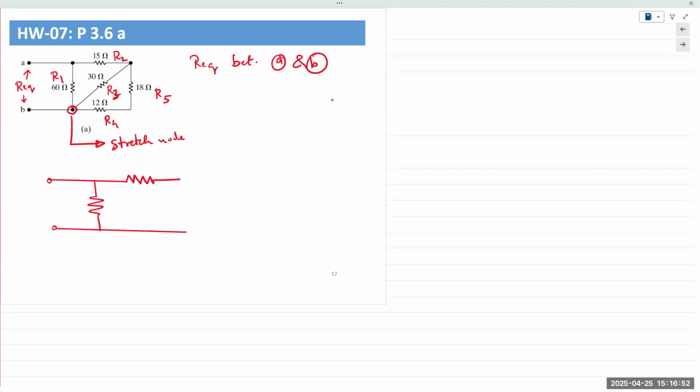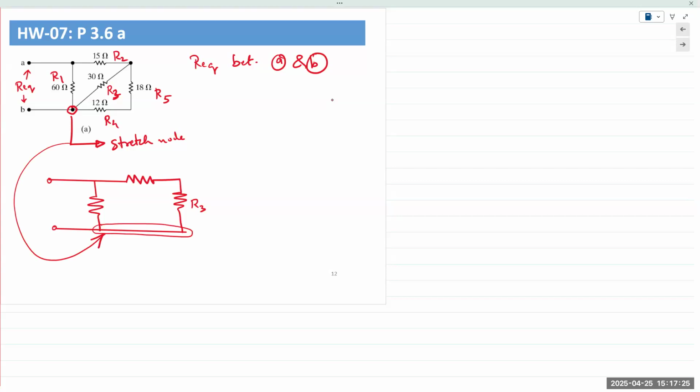That's B. So now what I'm doing is I've stretched out that node like this. So I made R3 vertical. Does that make sense? Right? I'm stretching out that node. It's still the exact same node, right?